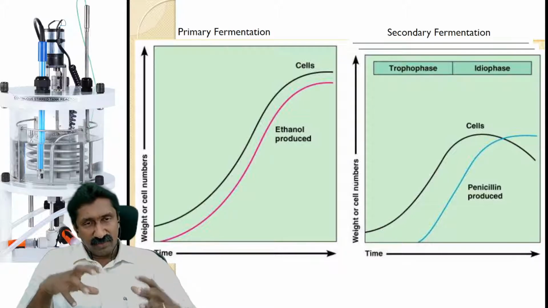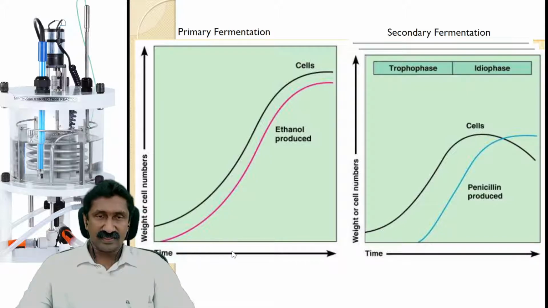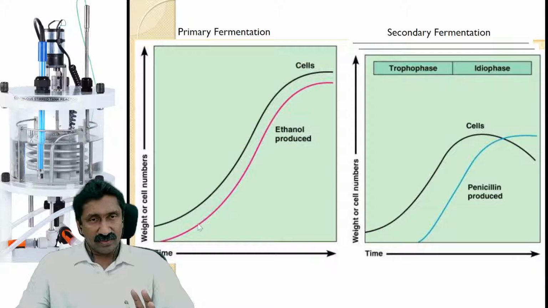In the primary fermentation, the graph shows the cell number increase on the y-axis and the time on the x-axis, where usually primary fermentation follows the same pattern as the production of ethanol, for example, which is a primary metabolite.